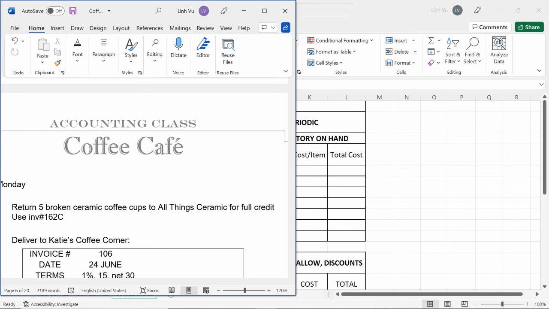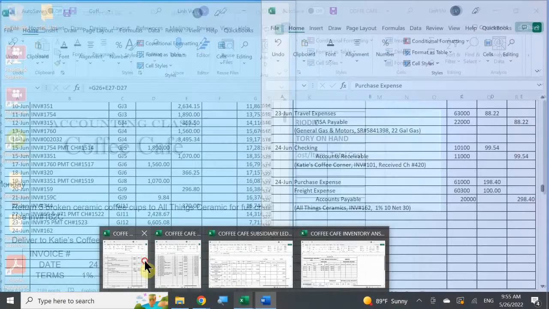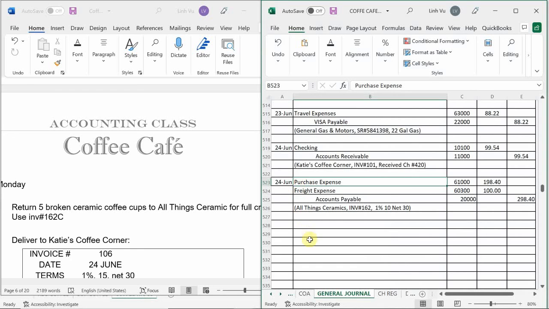Okay. So in this case, how would we represent this?